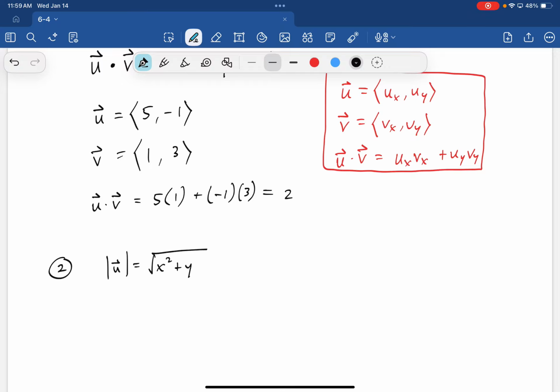Yeah, it's like completely different. Maybe geometry.